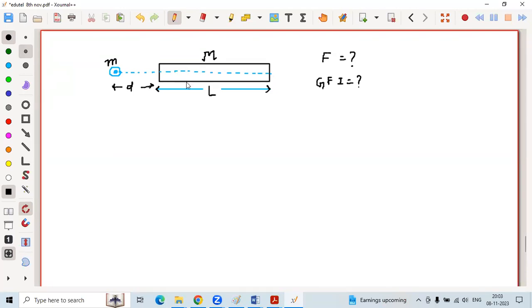How to do it? What is the gravitational force of attraction formula?